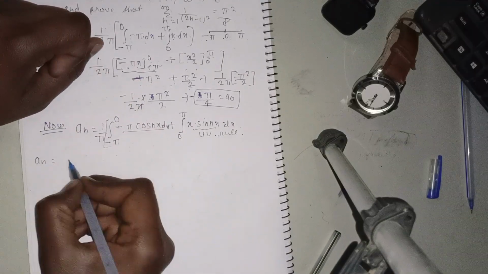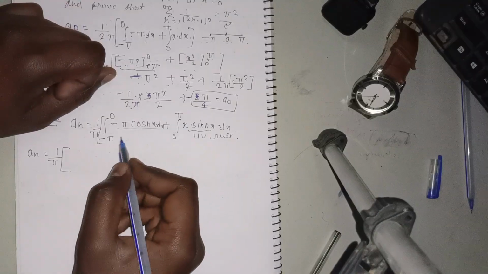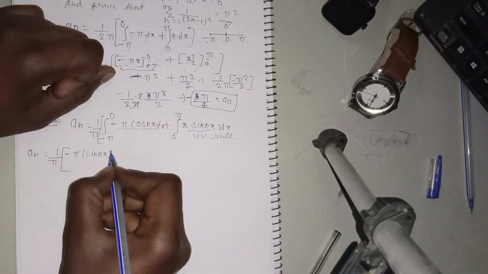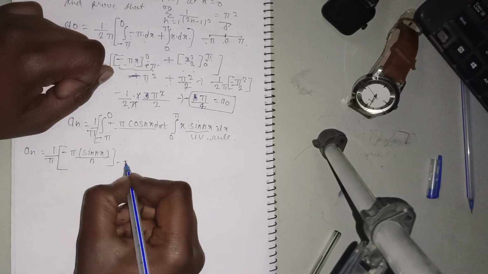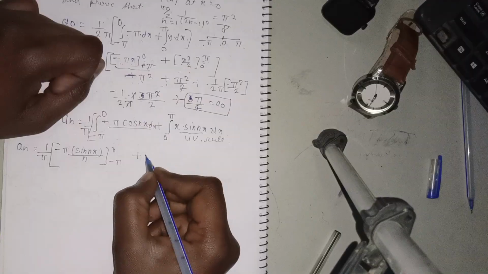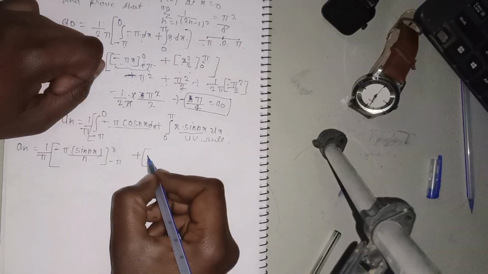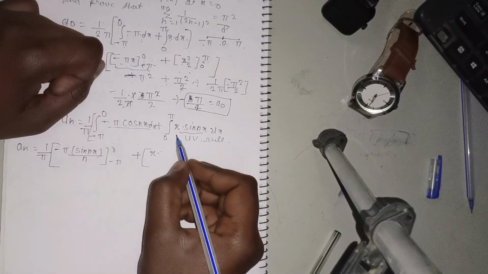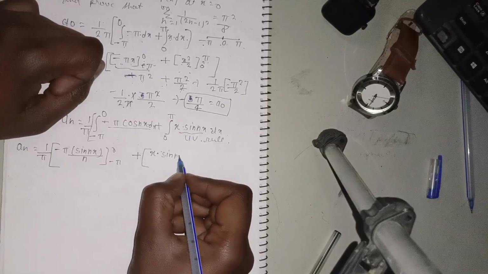So an is equal to 1 upon pi, cos nx minus pi sin nx upon n, from minus pi to 0, plus x sin x upon n plus x.